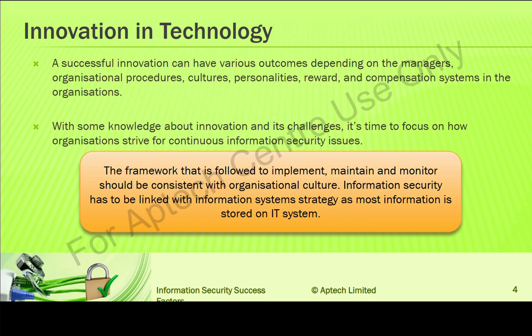We also have the framework that is followed to implement, maintain, and monitor, which should be consistent with organizational culture. And then information security has to be linked with information system strategy, as most information is stored on IT systems.